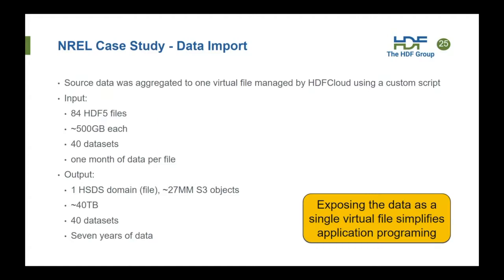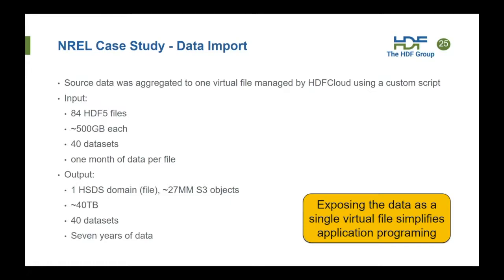So if you are an application programmer, it's much more convenient to work within the context of 1 file rather than thinking, okay, I need to get this chunk of data, but that's in a different file, and I have to open that file and get that. By having this 1 large file, it makes it much easier for people to access the data.